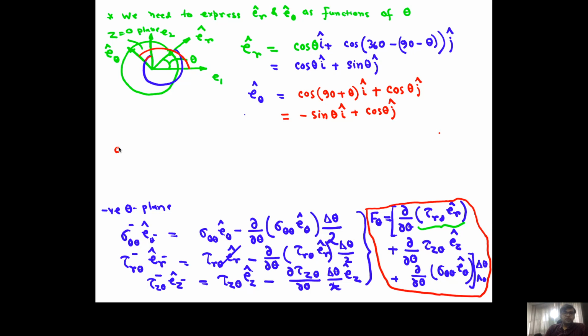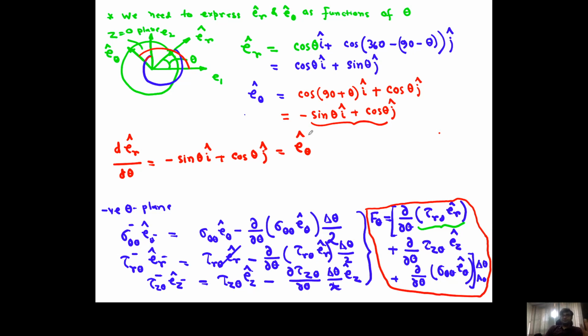Now let us see what d ER hat by d theta is. So you go here and take the derivative. The derivative of cos theta is minus sine theta. So it becomes minus sine theta I cap, and the derivative of sine theta is cos theta. So this becomes cos theta j cap, which is nothing but E theta, right? You see here, the derivative of ER with respect to theta will give you E theta.